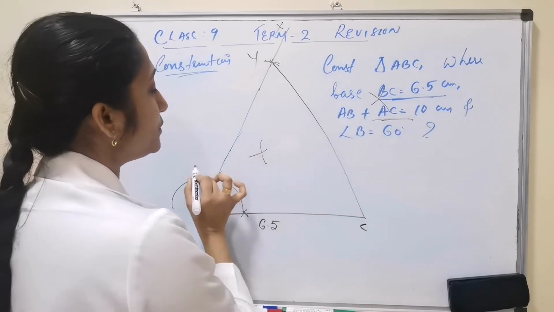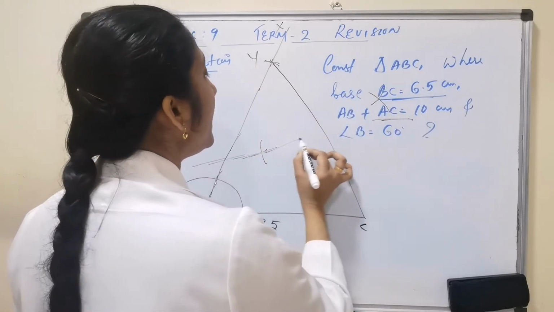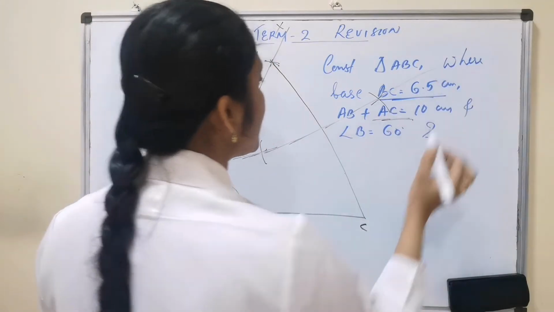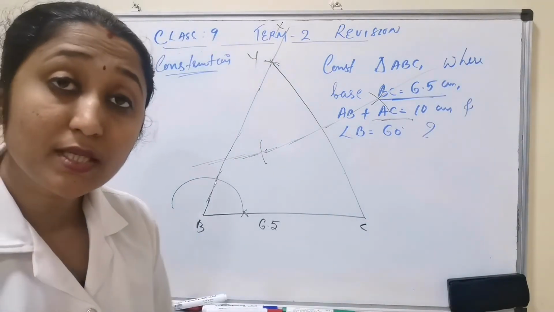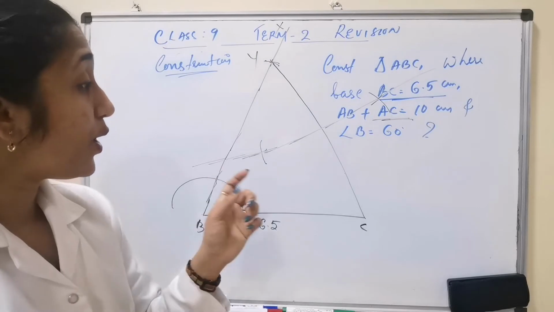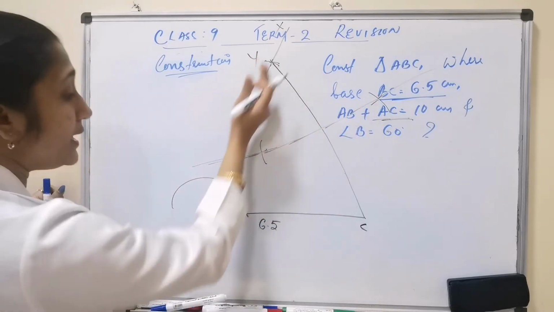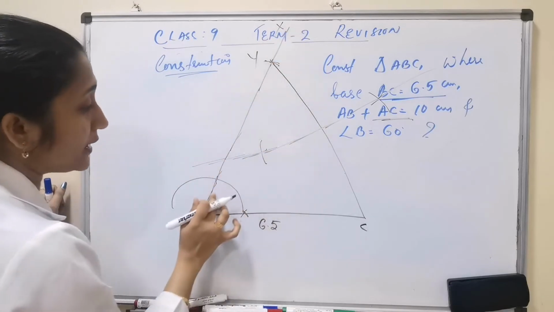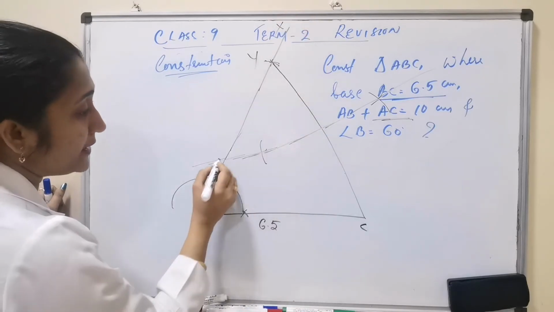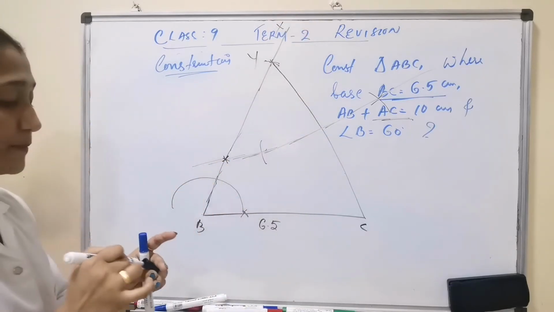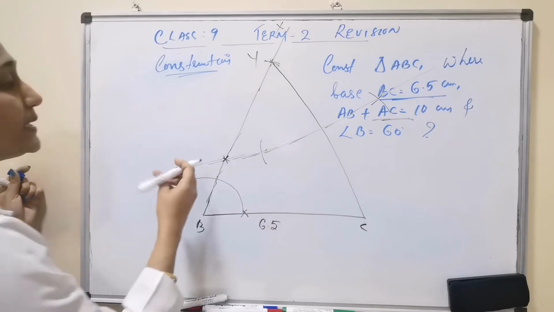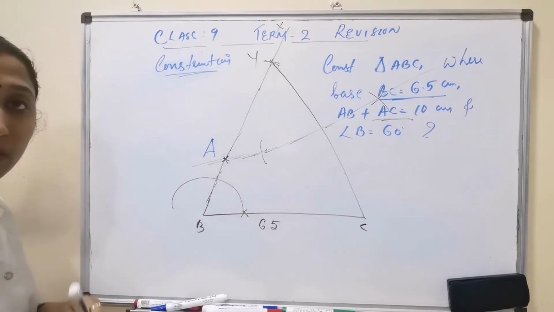Then draw a line through these 2 points. This line cuts the line BX at a point. This point is called A.